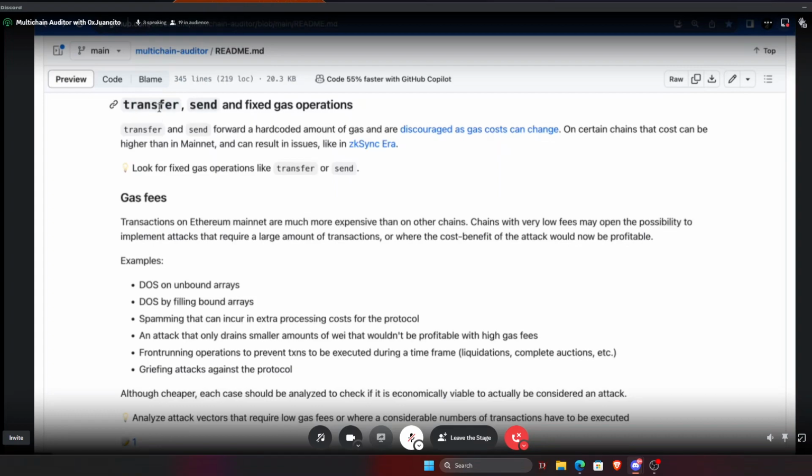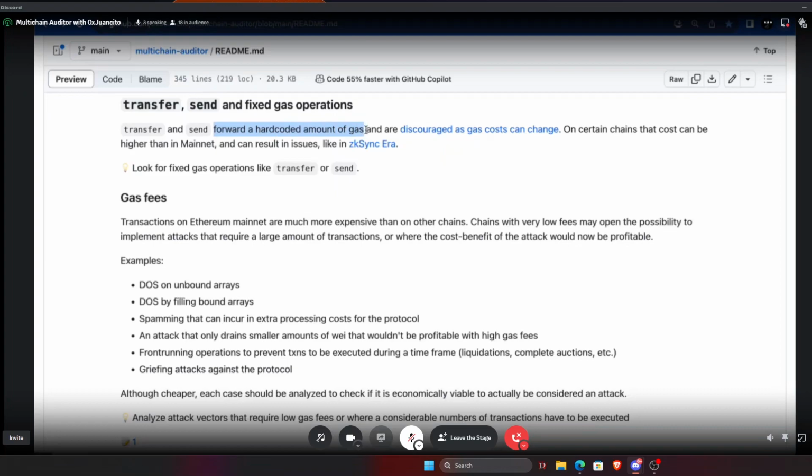As you know, transfer and send are used to send some Ether or the native token on each chain. The specific bug they have is that they forward a hard-coded amount of gas.